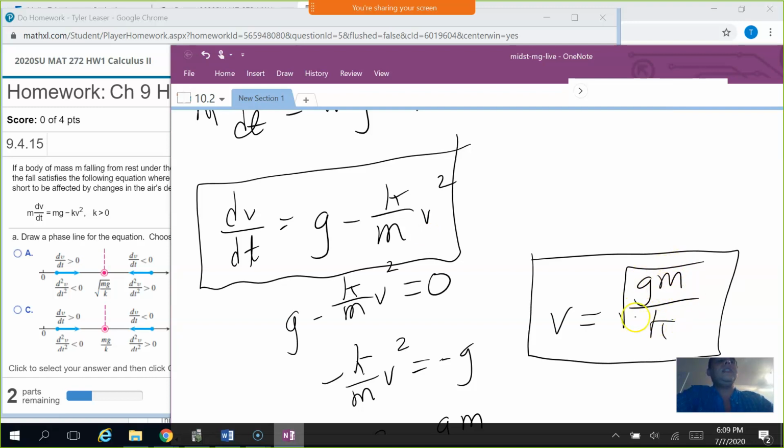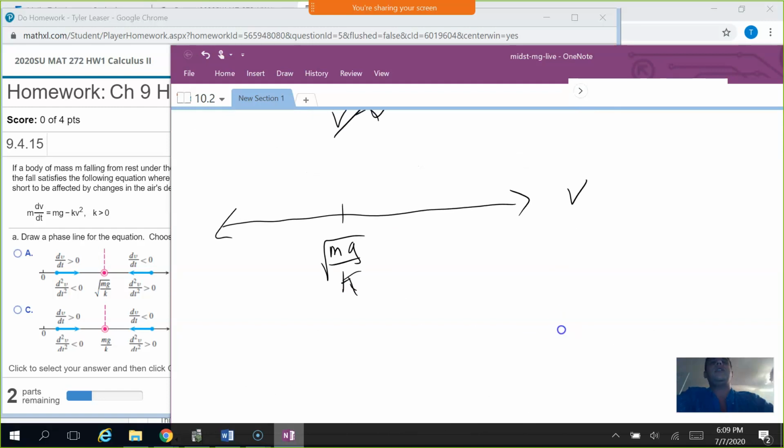And then just remember that this is supposed to be a little bit smaller. So if this is a little bit smaller, it's going to make this a little bit smaller as well. Which means that the g subtracted by something that's kind of like g is going to end up being positive. So in other words, when we're on this side of the square root mg over k, the derivative of v ended up being positive.